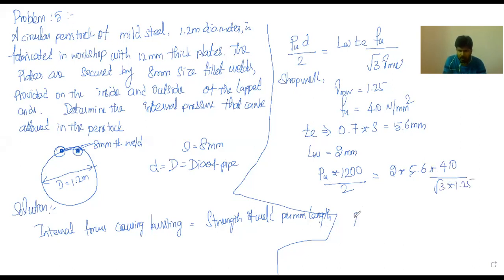Now the only unknown is Pu, so we can calculate this. 3.535 Newton per mm squared is the internal pressure which is going to be caused by this pipe section.